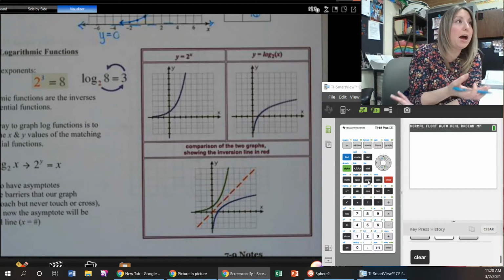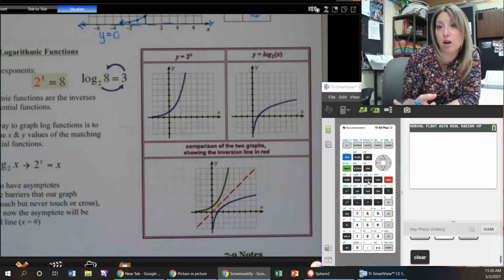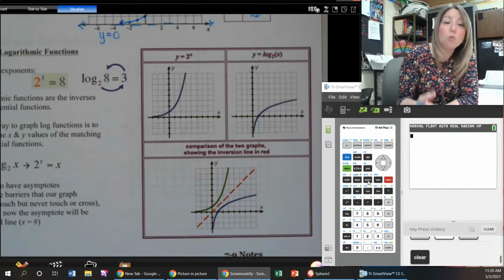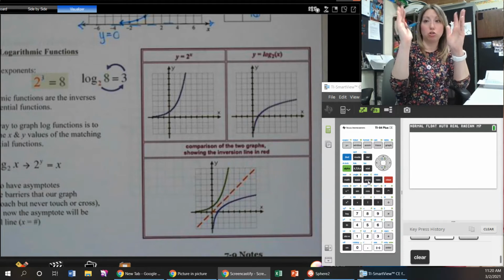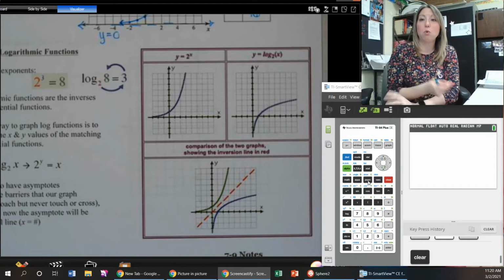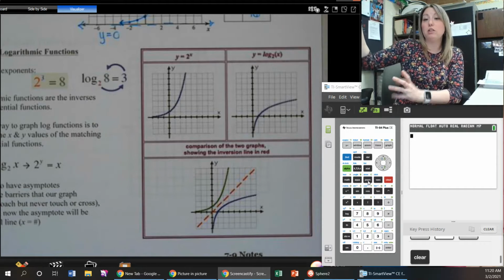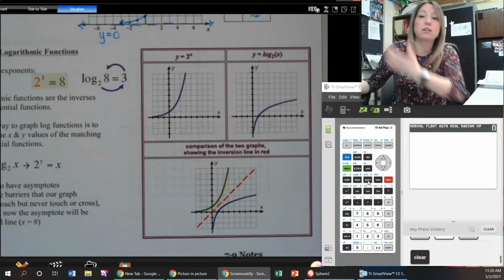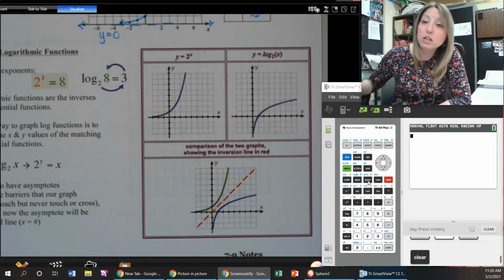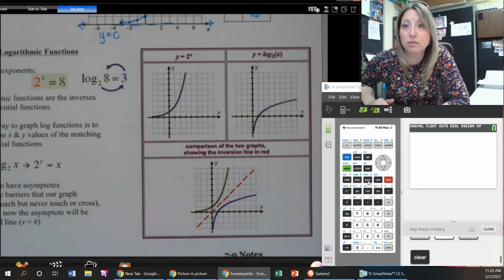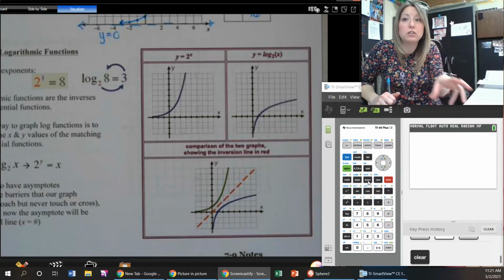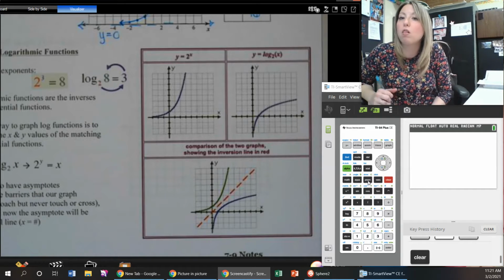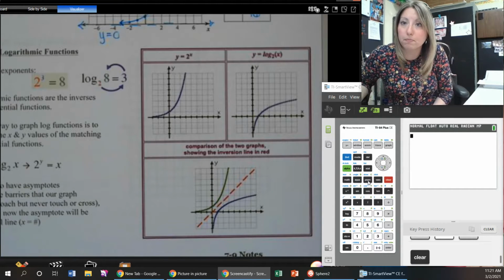So remember back to chapter 1, when we first started talking about functions in general, we did graphing inverses where we literally just took a graph, flipped the x's and y's, graphed that result and just called it f of x to the negative 1. Now we can put an equation to it. So if you have that happening with our exponential functions, now we know, oh, that's a logarithmic function.